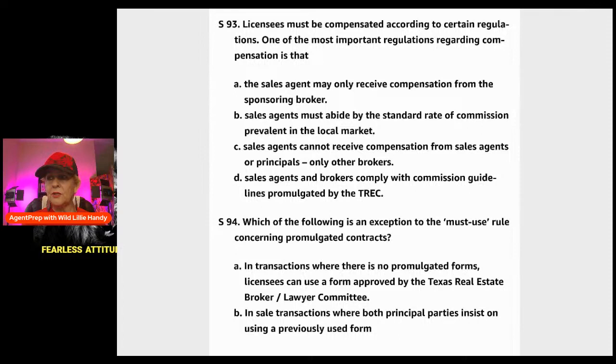So yes, the answer is A. 93A. The sales agent may only receive compensation from whom? From our broker, right? Everything goes through the broker. And if you have your own company and you're the broker, then you're paying yourself.